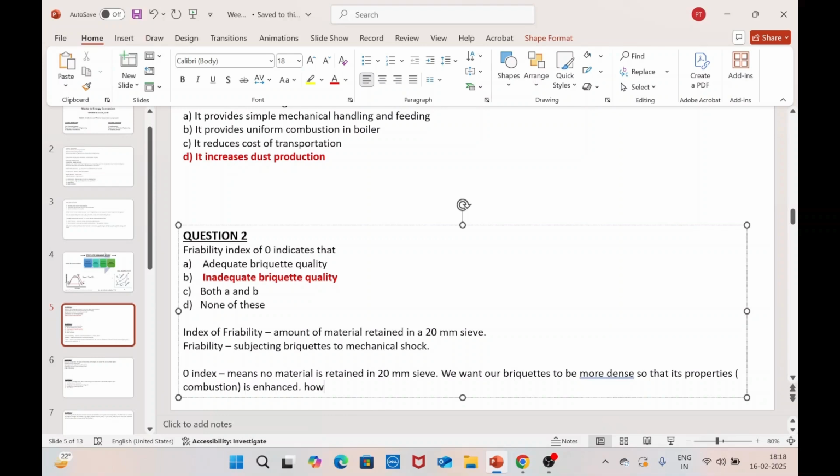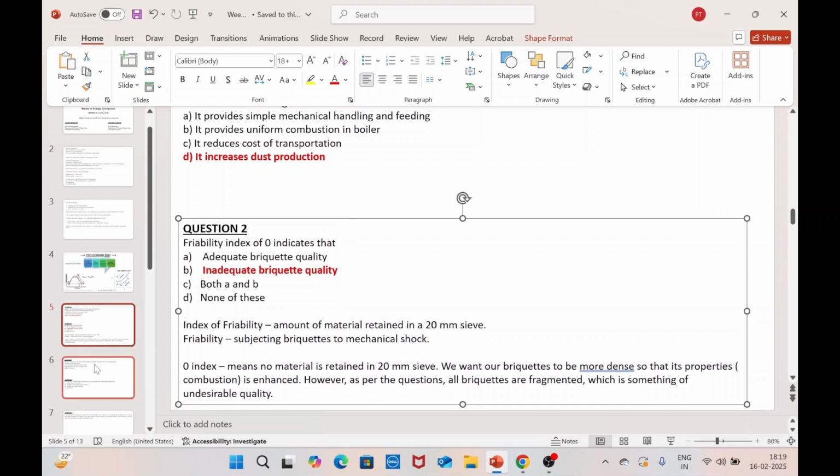However, as per the question, all briquettes are fragmented, which is an undesirable quality of the briquette. And that's how we say that the briquettes we have are inadequate in quality.